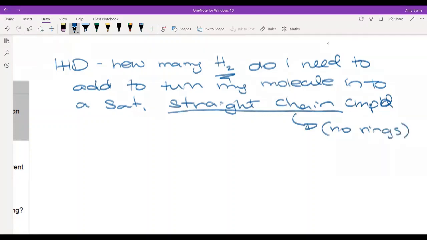Now, this is just a formula. You can go through and actually count up the number of double bonds and rings in a compound, or you can just use the formula.